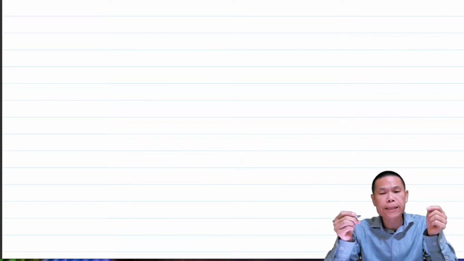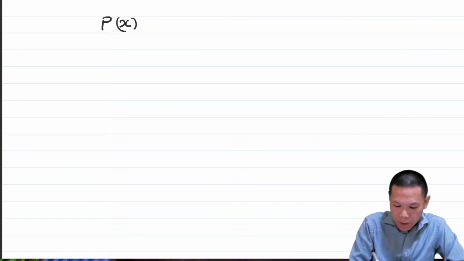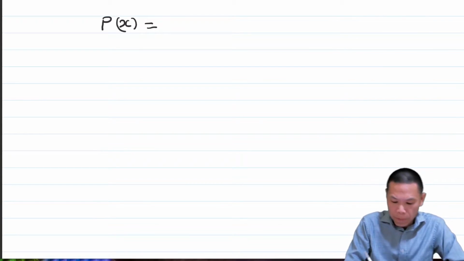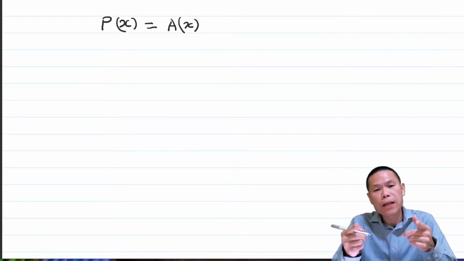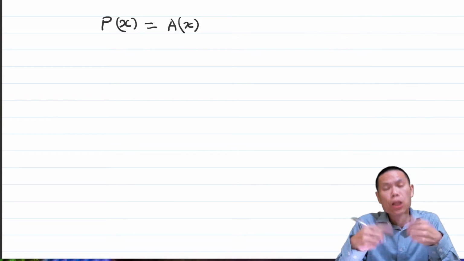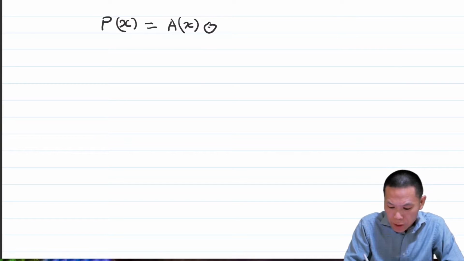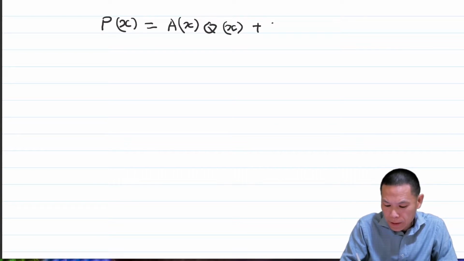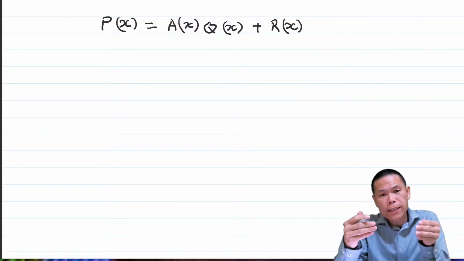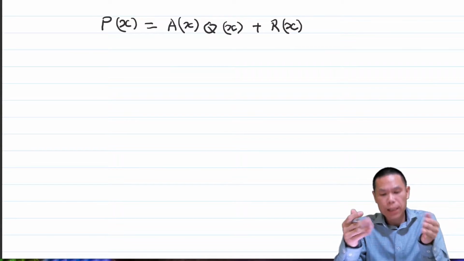From last lesson, we know that the polynomial p of x is equal to the divisor, times the quotient, which is q of x, and then we add the remainder, that is r of x. The divisor is x minus a.